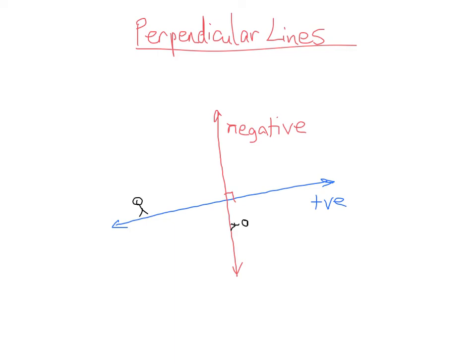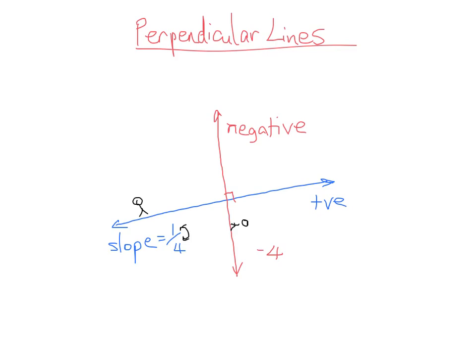So for example, let's say the slope of my blue line is equal to 1/4. Then the reciprocal of 1/4 is 4/1. We have to flip this fraction. So the slope of my red line would be not just 4/1, but negative 4/1.